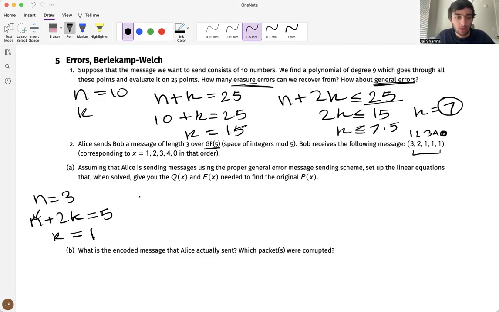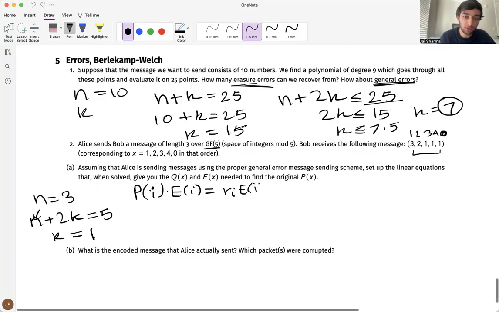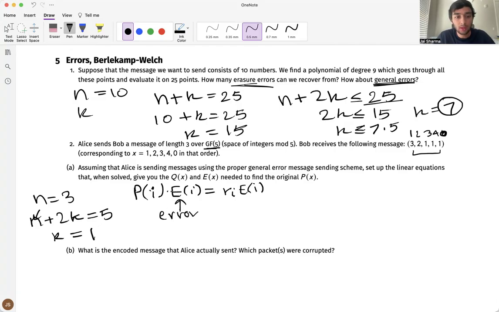But essentially, the way that you attack these problems is you say P of I times E of I is equal to Ri times E of I. And I'll explain what this means. E of I is what we call the error polynomial. The rule is that if I is an error, then when we put it into the error polynomial, it will give us 0.